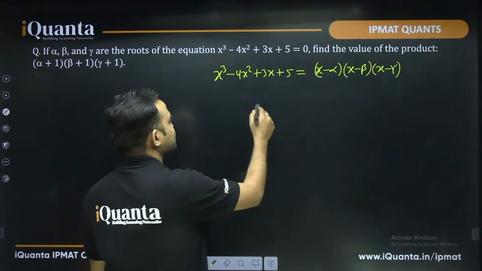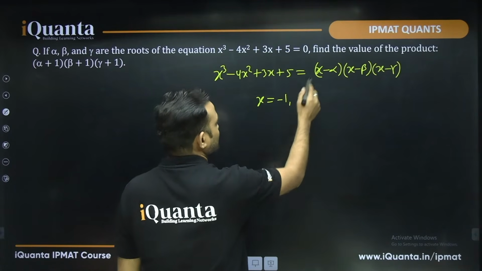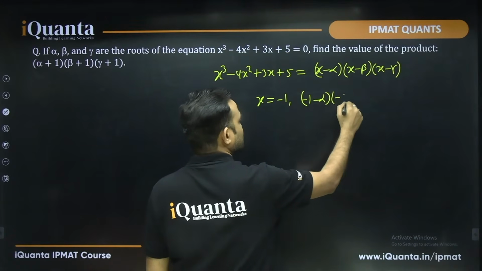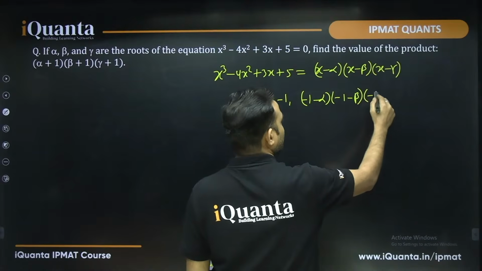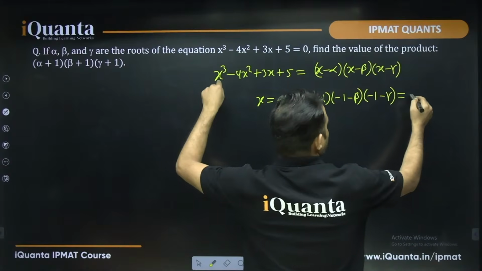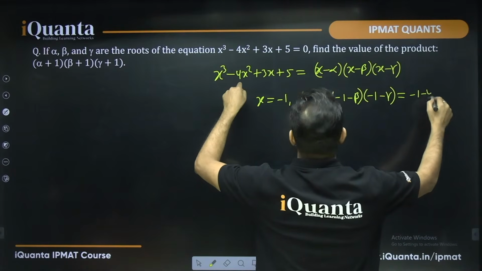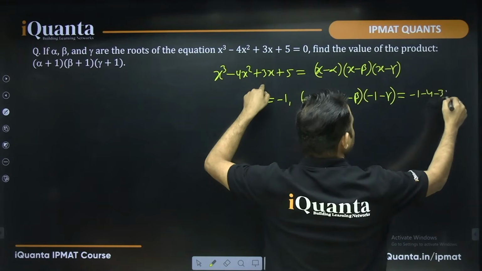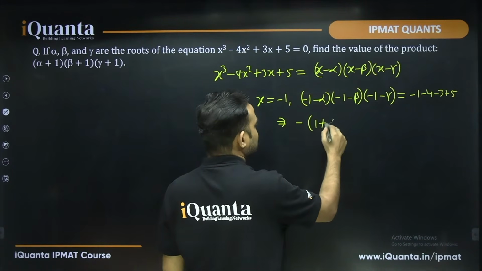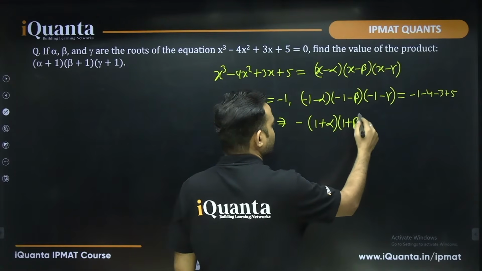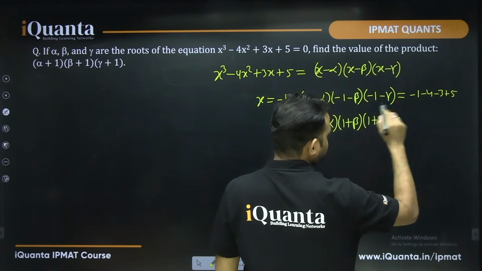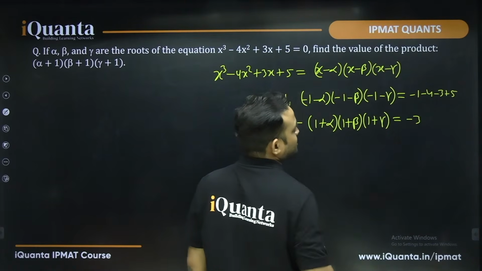Now if I put x is equal to minus 1, what will happen? Minus 1 minus alpha, minus 1 minus beta, minus 1 minus gamma will be equal to, put minus 1 here. So minus 1, this will become minus 4, this will become minus 3 plus 5. Or this will become minus 1 plus alpha, 1 plus beta, 1 plus gamma, and that will be equal to minus 4, 3, 7, 1, 8.